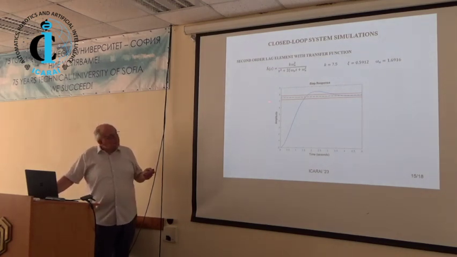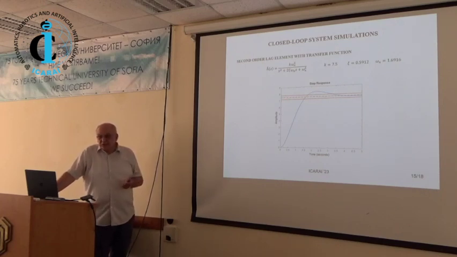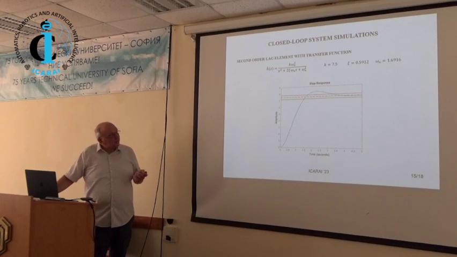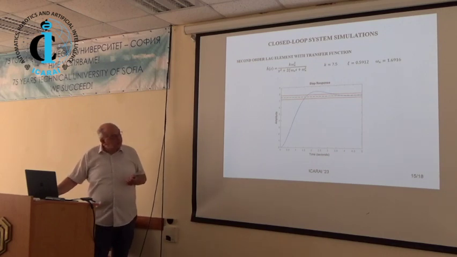And using this transfer function, we see that for a second order system, by computing the damping ratio and the natural frequency as shown before, we get this step response, which completely satisfies the performance indicators shown before.